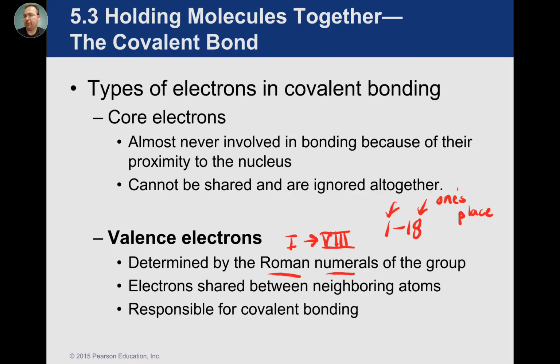So as we get to 13, 14, 15, 16, 17, 18, that whole P block over there, what's most important is the 3, the 4, the 5, the 6, the 7, and the magic 8 that all of those atoms want. So pay attention to the ones place, pay attention to the Roman numerals if you have a periodic table that shows Roman numerals, because they're trying to indicate very quickly the electrons on the outside that do almost all the chemistry that we see.